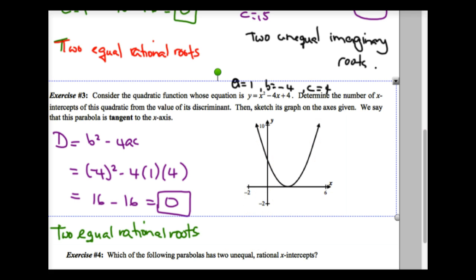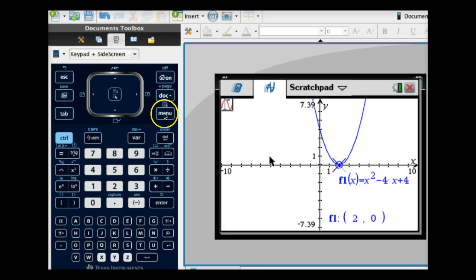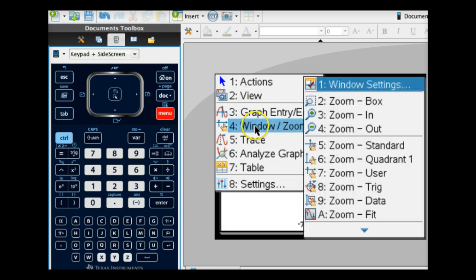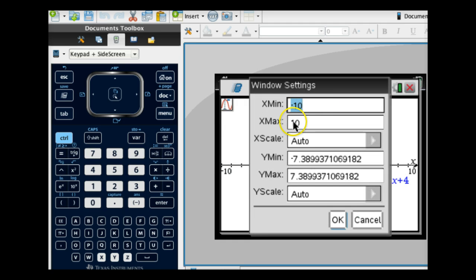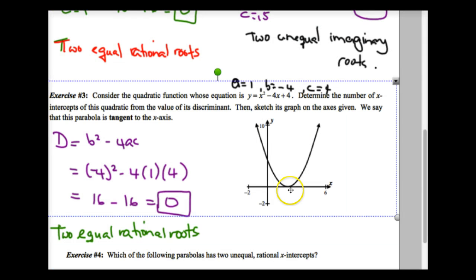So the last thing before we move on to the last example that I want to show you is how to get these. You notice I put some numbers here at the end. How do you get your graph to look like this? So here you go to menu, and I want to go to window settings. My x minimum is negative 2, and I want to match these numbers.